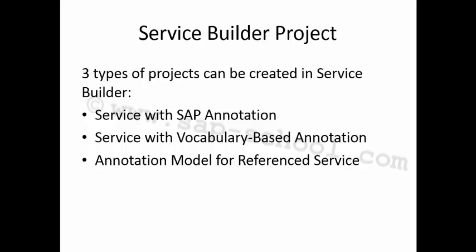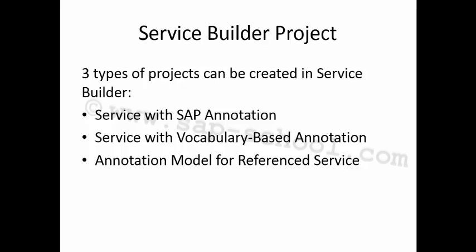If you want to annotate data model artifacts using the standard SAP annotations, we have to choose the service with SAP annotation. SAP annotations include creatable, updatable, label, unit property and all the other things in the SAP annotations. Available annotations can differ according to the data model artifact we want to annotate.